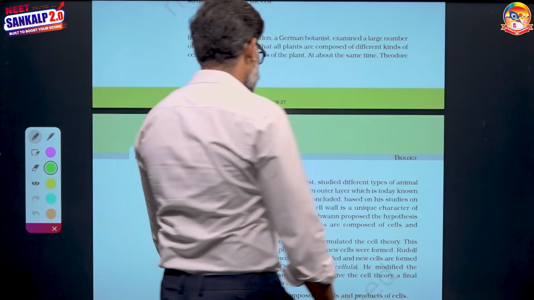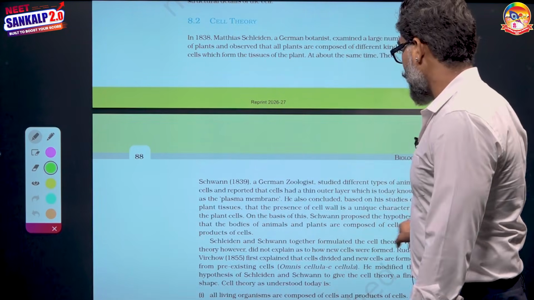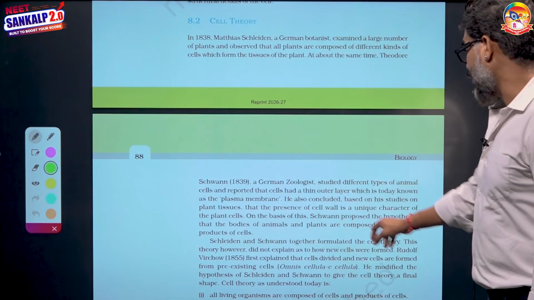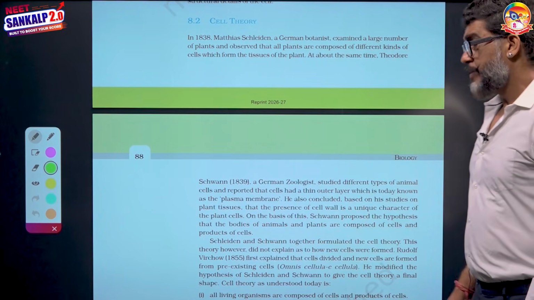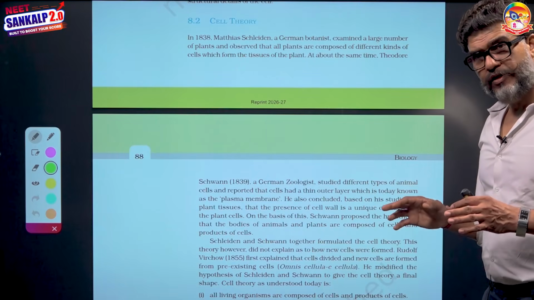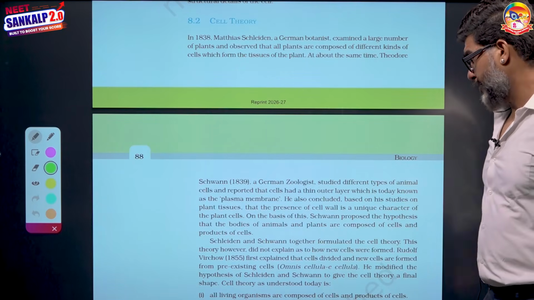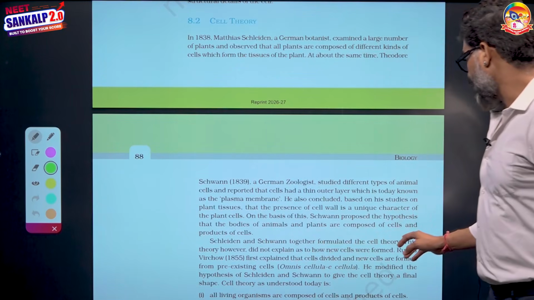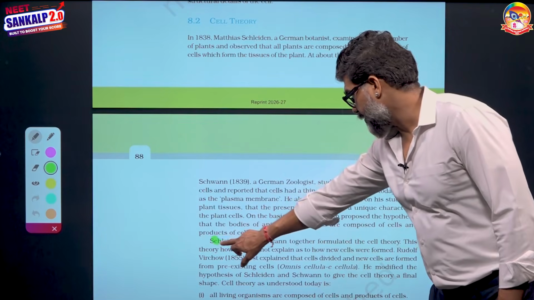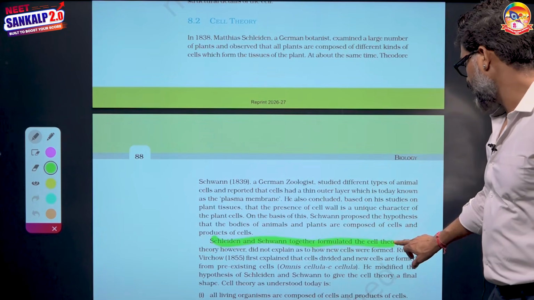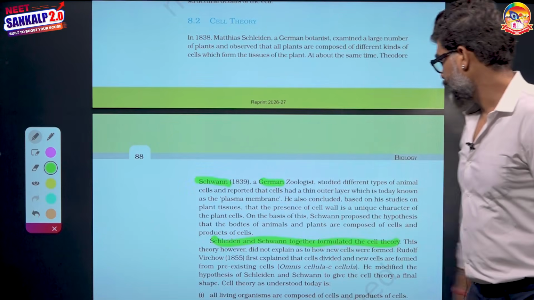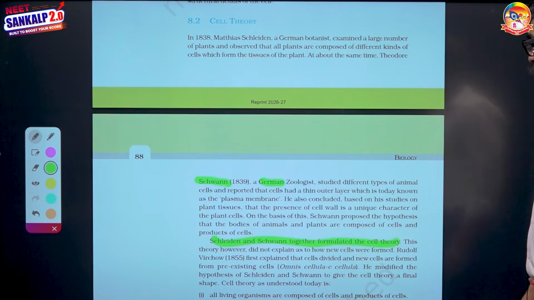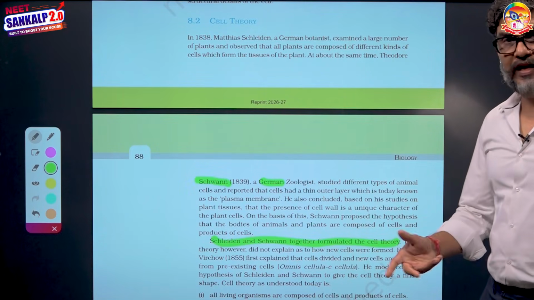On the basis of this, Schwann proposed the hypothesis that the bodies of animals and plants are composed of cells and products of cells. So the credit for the cell theory goes to both Schleiden and Schwann. Schleiden and Schwann together formulated the cell theory, as I said earlier also. Keep in your memory: German. This theory, however, didn't explain how new cells arise.